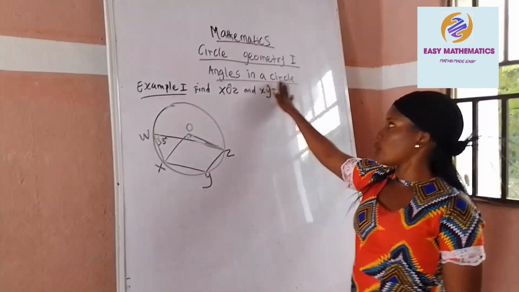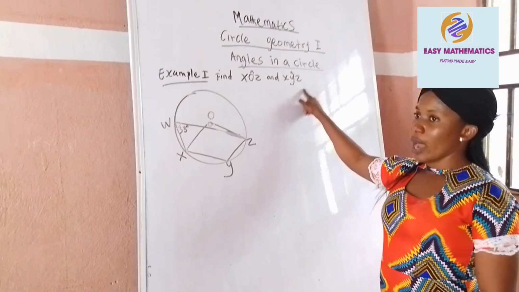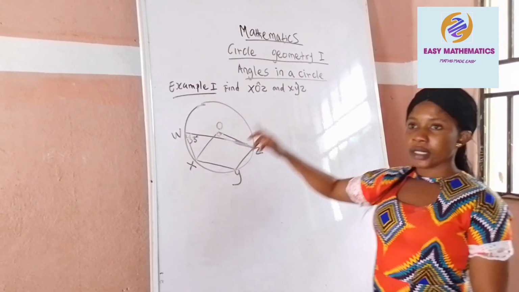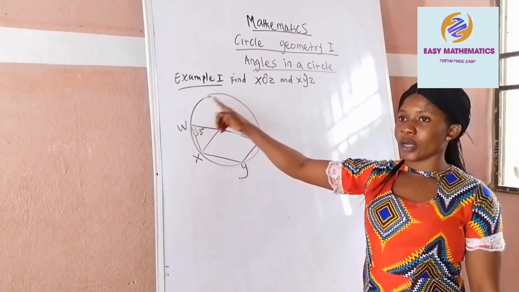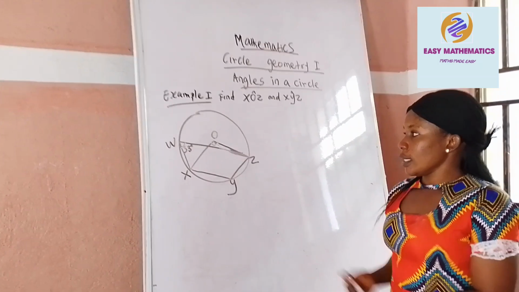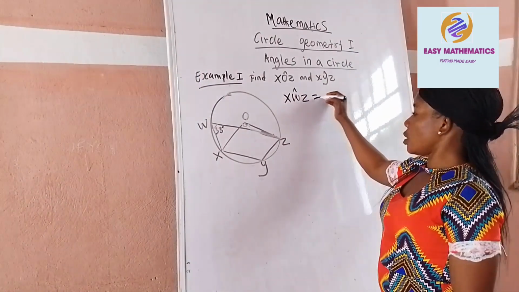Example 1 on angles in a circle. Find XOZ and XYZ. In this circle, you see that this angle is given as 33 degrees.